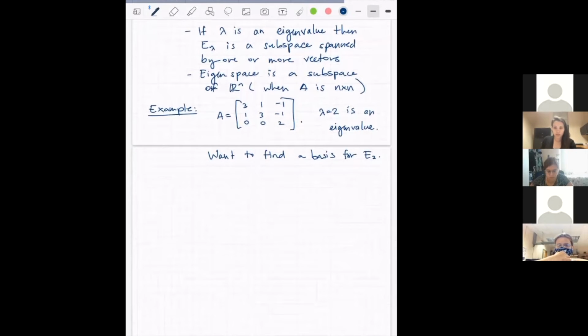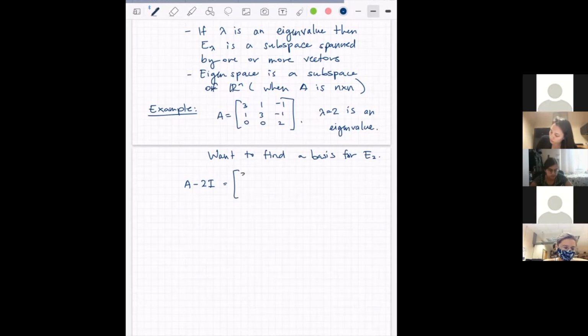Right? So what we want to do is look at A minus 2I, right? That's A minus lambda I, where lambda equals 2. And we're going to look for the null space of this matrix. So first let's compute it.